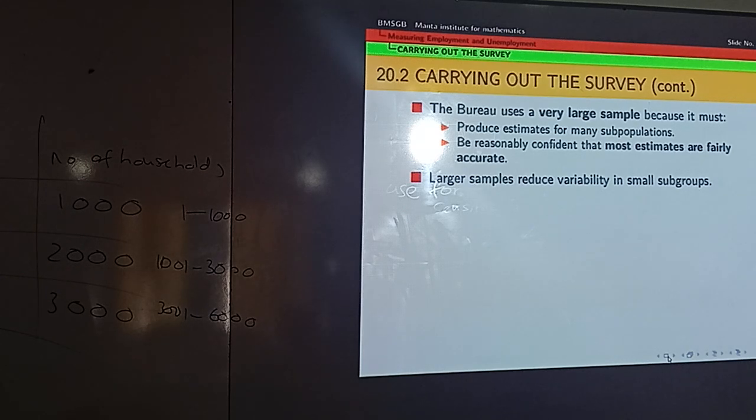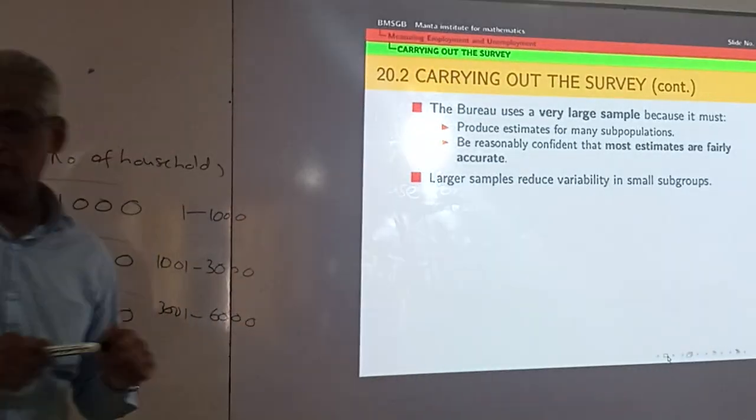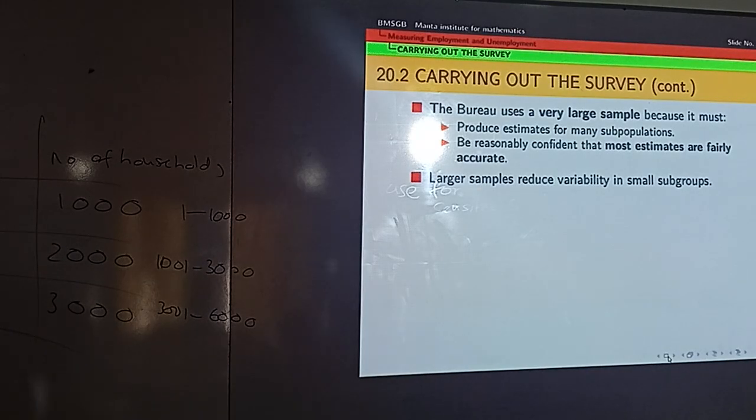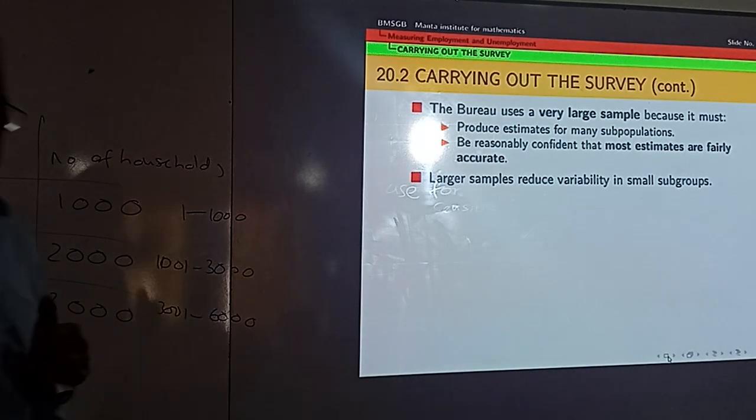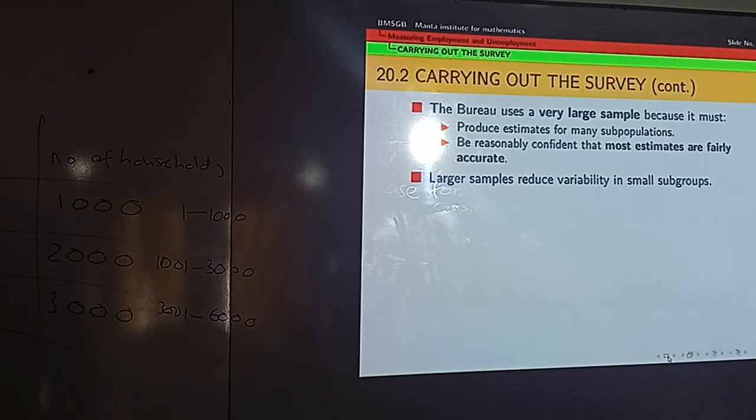So we saw that the Bureau uses a very large sample, but of course part of them were not able to collect the data. They use this large sample because they want to produce estimates for many subpopulations. If a subpopulation is not of reasonable size, we cannot make any inferences about it. To be reasonably confident about most estimates, we want large subsamples. Therefore, overall we have a very large sample.